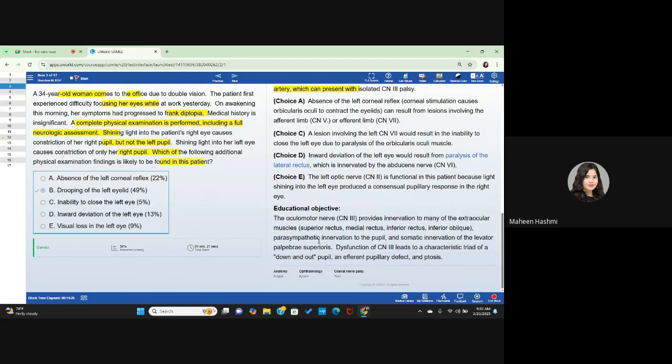We talked about that they also have a down and out pupil. So sometimes PCOM aneurysms can also cause a down and out pupil. You also have to do a CAT scan of the brain to see what's going on. And you also have an efferent pupillary defect, and you also have ptosis along with it.